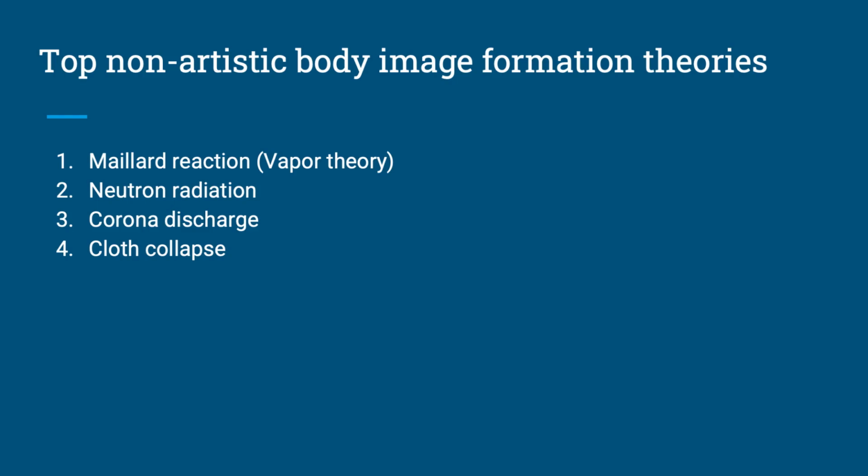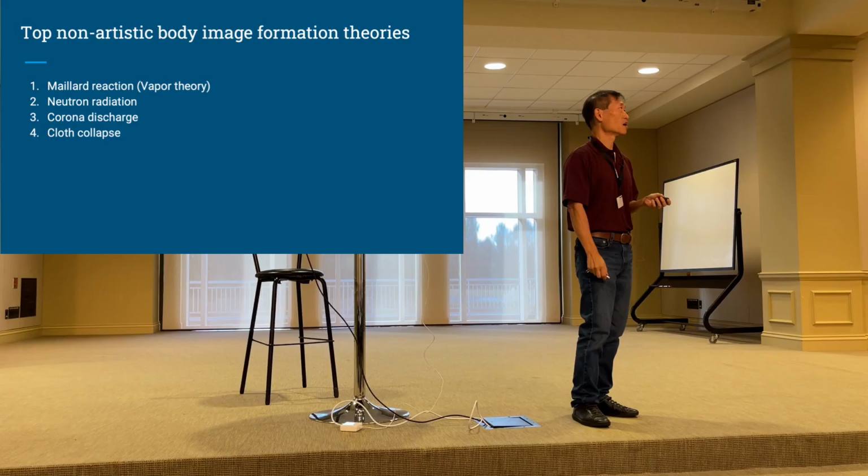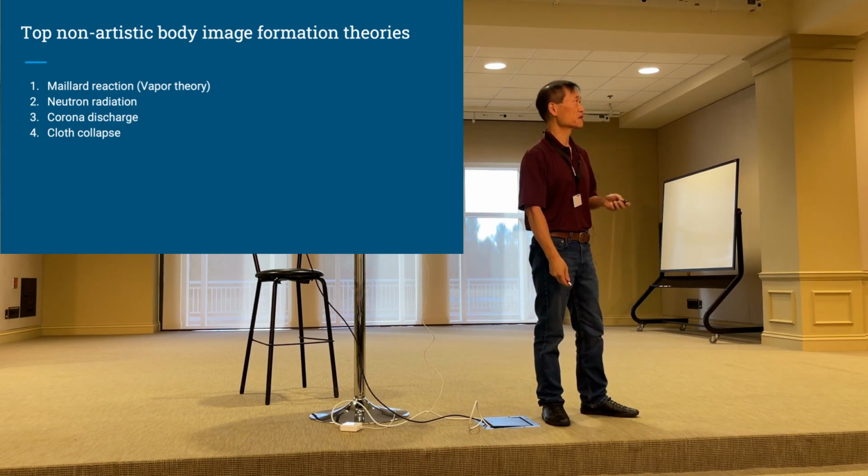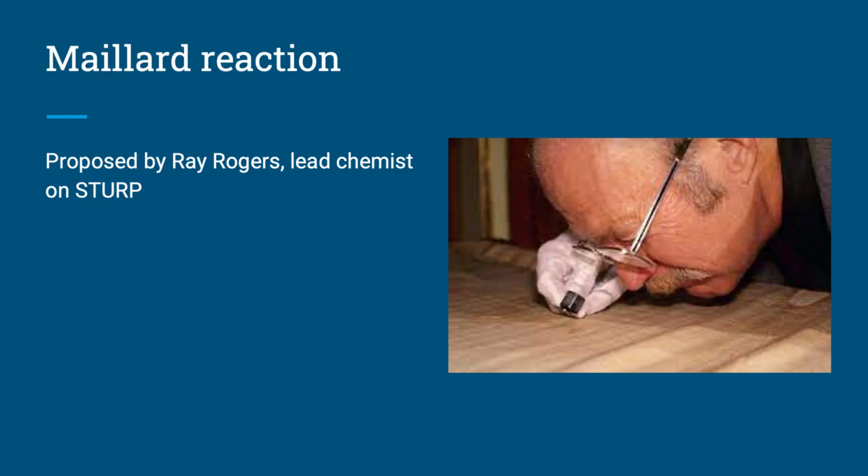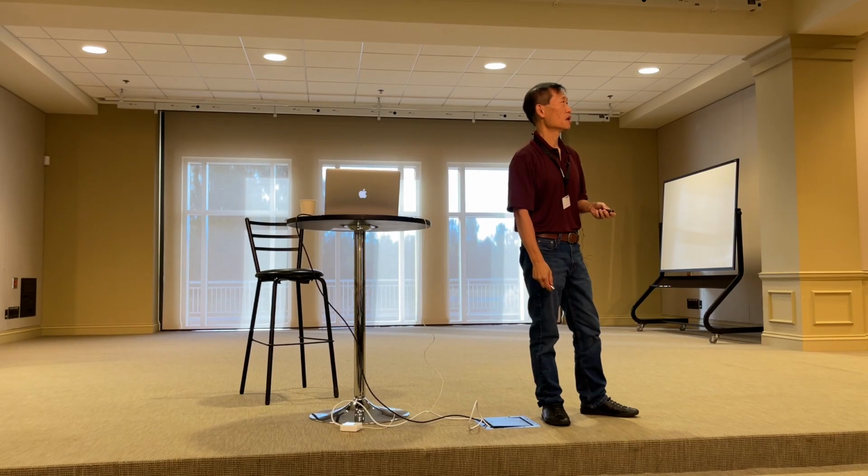So the top non-artistic body image formation theories are the Maillard reaction, which is the vapor, neutron radiation, corona discharge, and the cloth collapse. And I'm going to be going through all of these. The Maillard reaction was proposed by Ray Rogers. He was the lead chemist on STURP.